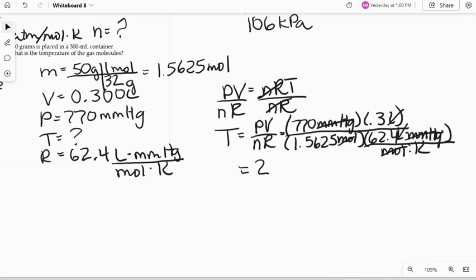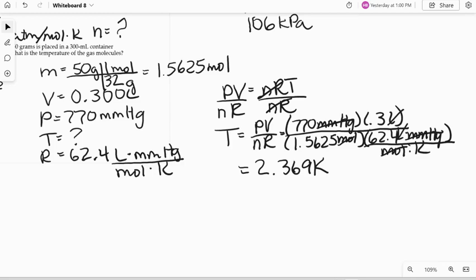Temperature is going to be very cold, 2.369 K. So this is a couple examples of the ideal gas law. Again, if you want to simply straight off the bat convert to atmospheres, it's good practice converting, and then you will be able to use just one value of R. But that's a judgment call on your part.